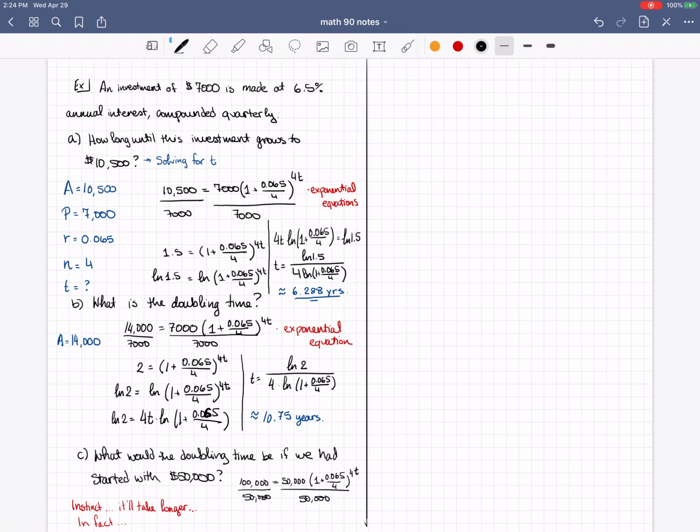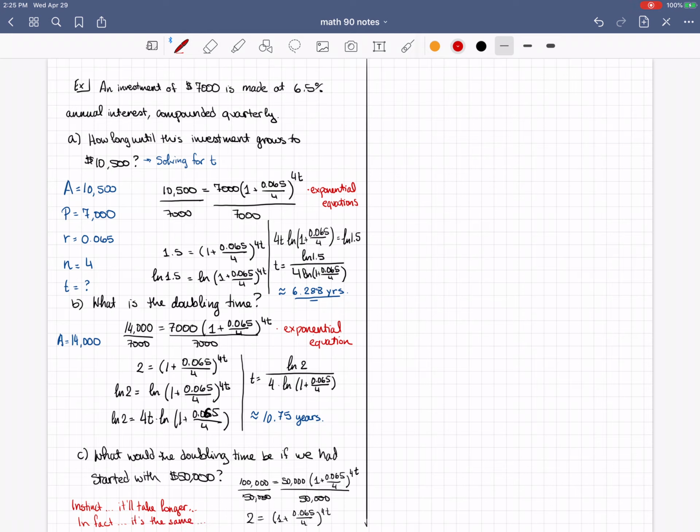But wait a minute, 100,000 divided by 50,000 is just 2. So you end up with this equation. And if you compare it, the equation that you're solving for part C is identical to the equation that you were solving for part B. So as it turns out, despite the fact that your instinct might say it would take longer, in fact, it's the same.